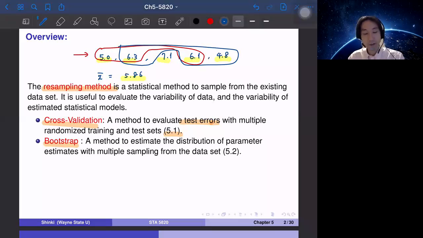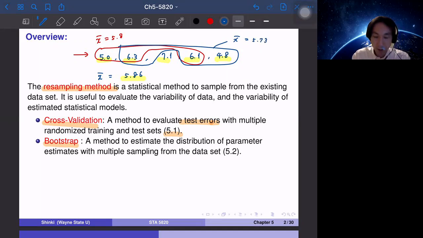If we choose a different data set, we have a different X bar for these 3 observations. For 5.0, 6.3, 6.1, the average is 5.8. For 6.3, 6.1, and 4.8, the average is maybe 5.73.